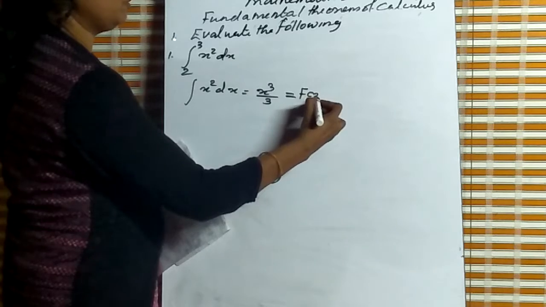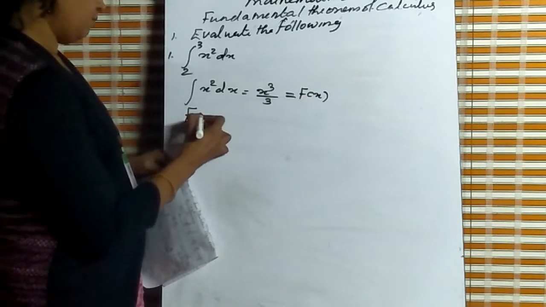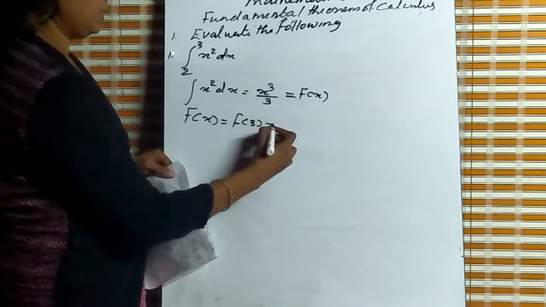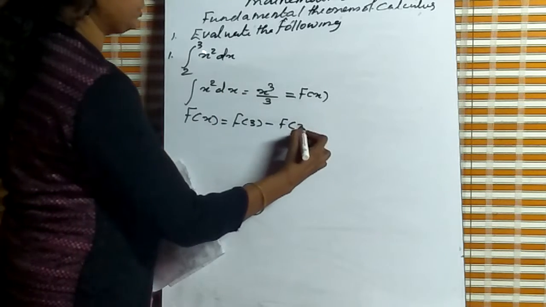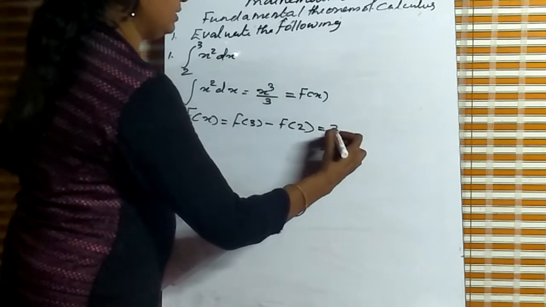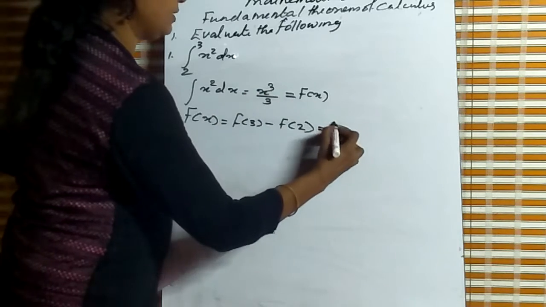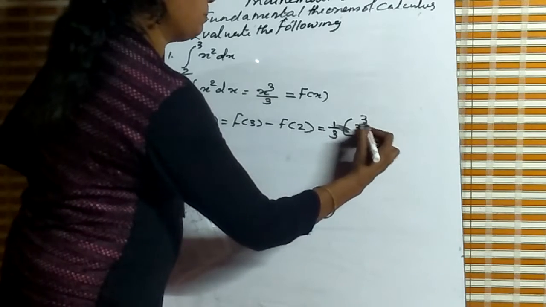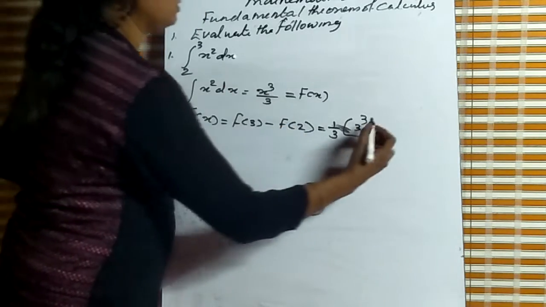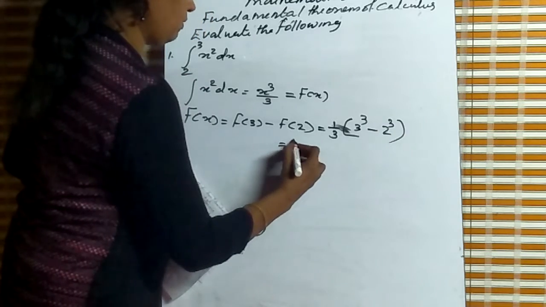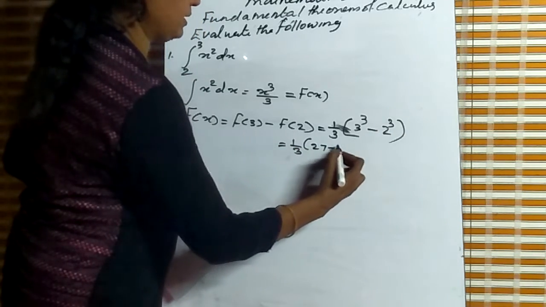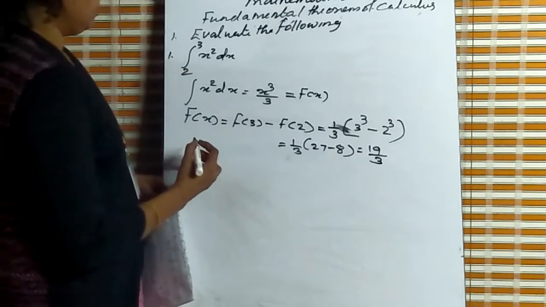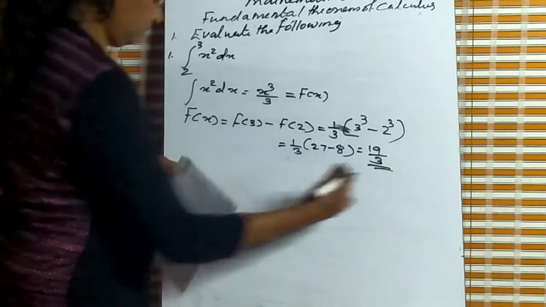Put this equal to F(x). Then the integral is F(upper limit 3) minus F(lower limit 2), which is equal to 1 by 3 into (3 cubed minus 2 cubed), which is 1 by 3 into (27 minus 8), which equals 19 by 3.